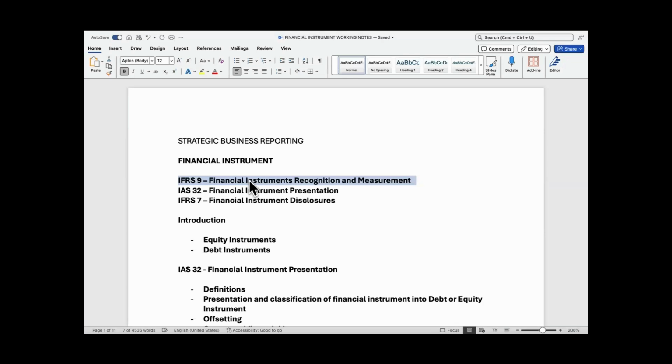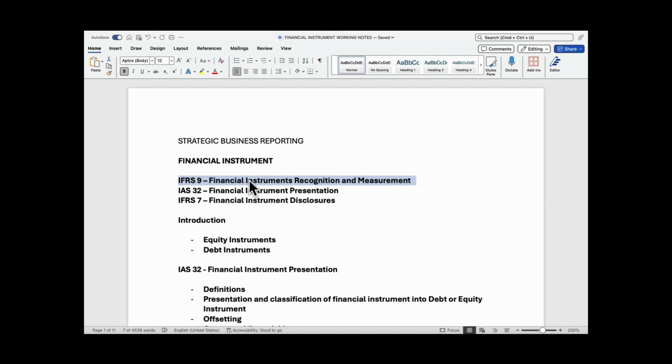And I can remember that we looked at some scenarios showing that it's not enough that your right to cash flows has expired, but you must have transferred substantial risk and reward. So we looked at scenarios where an entity sold its receivables and collected money, but it still has substantial credit risk.